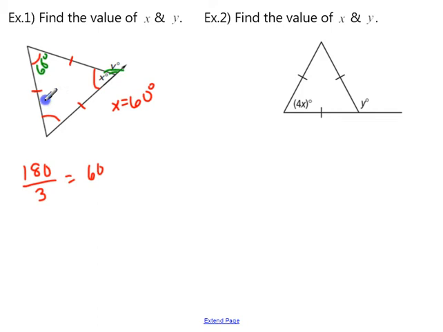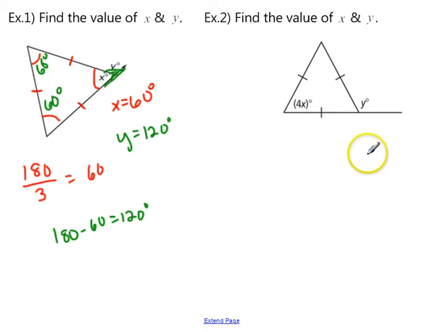Since this angle is 60 degrees and this one is 60 degrees, y is going to be equal to 60 plus 60, which is 120. The other way that you could look at this is that x and y are actually a linear pair, meaning x and y have to add up to 180 degrees. So, since x is 60, if you subtract that from 180, you're left with 120. Either way, you should get the same answer for y.